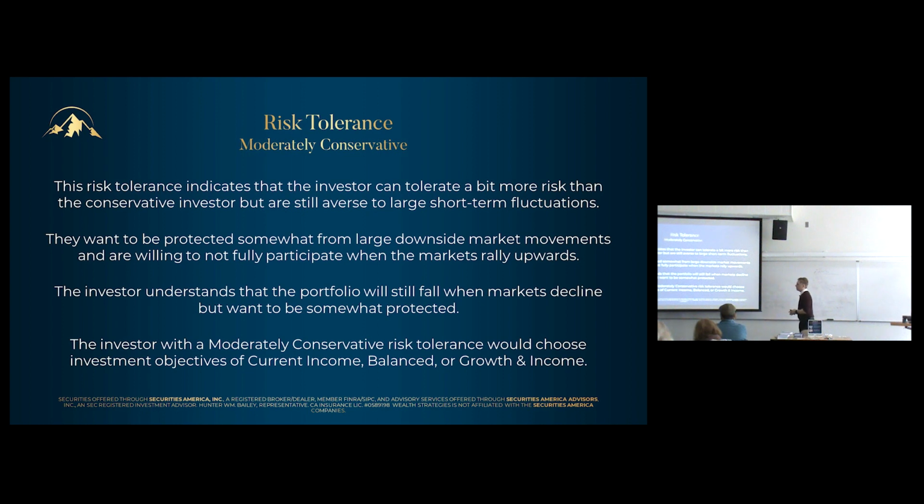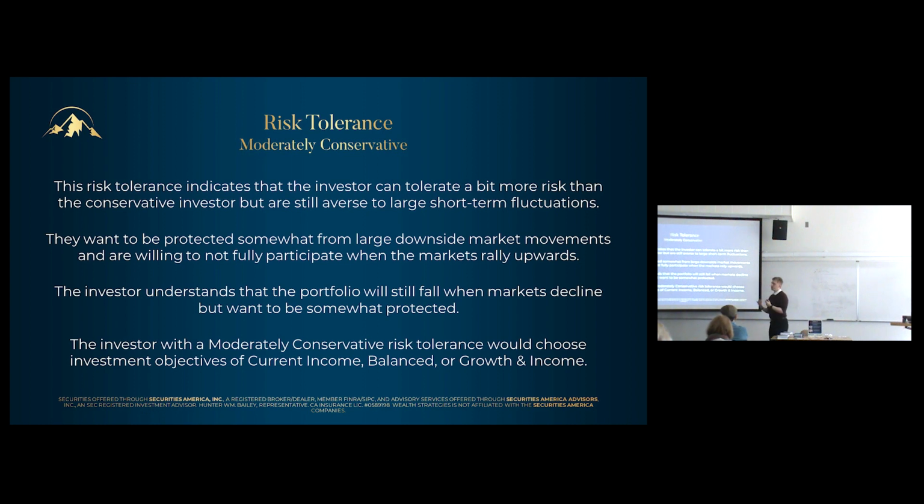So again, it's very similar to the previous one, where they're willing to not feel the large downside by giving up the large upside. Now, because they're willing to get in a little bit, they're going to participate in some of it, and they're going to get some of that upward movement, but they're not going to get all of it because they're not fully invested in equities. This investor understands that the portfolio will still fall when markets decline, but wants to be somewhat protected.